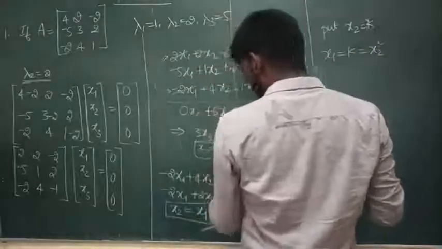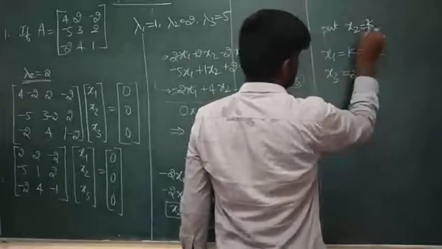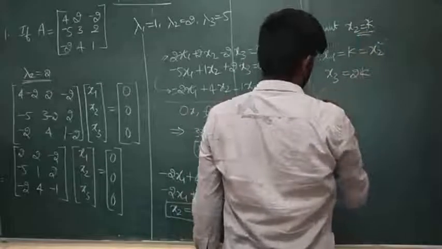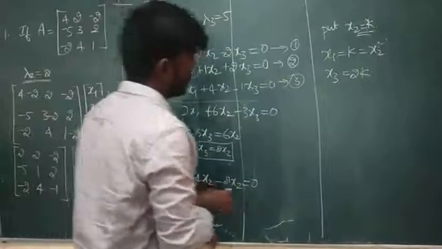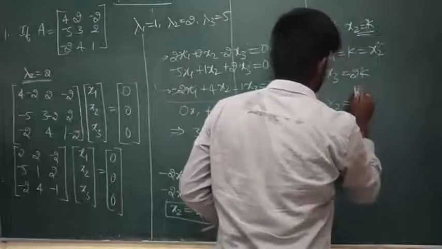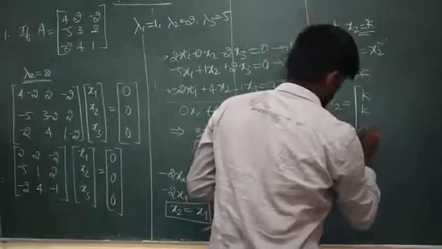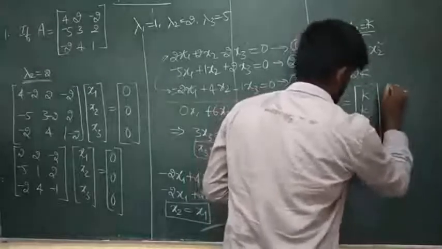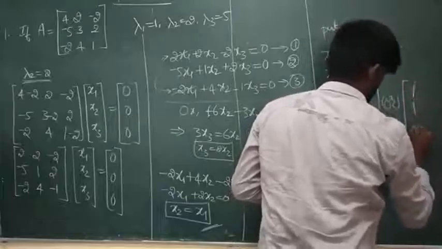And x3 is equal to 2 into x2, which is 2 into k. Therefore we get x1 is k, x2 is k, x3 is 2k, or we get 1, 1, 2.